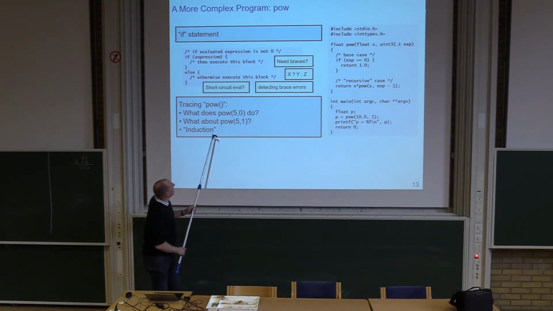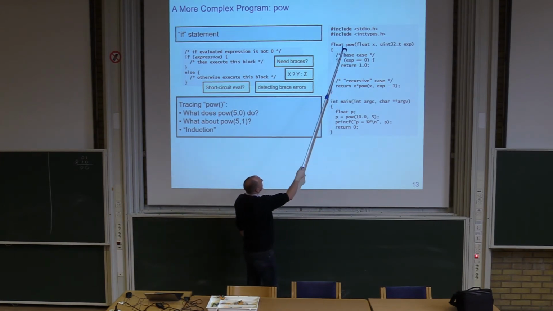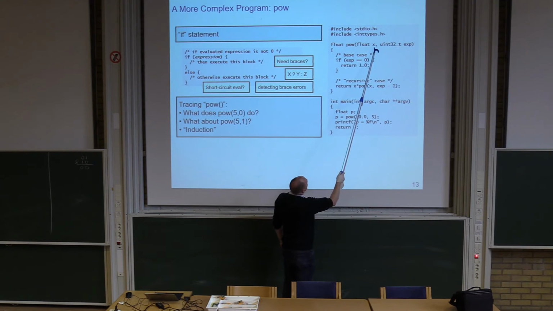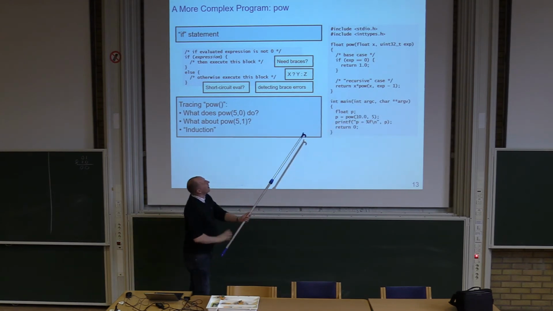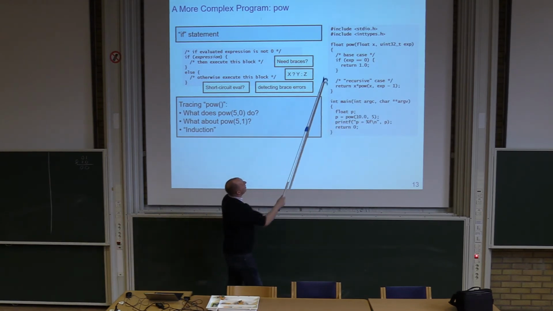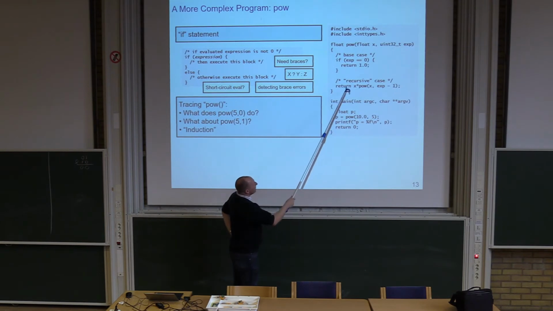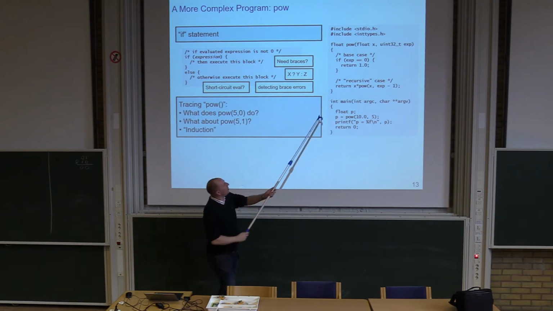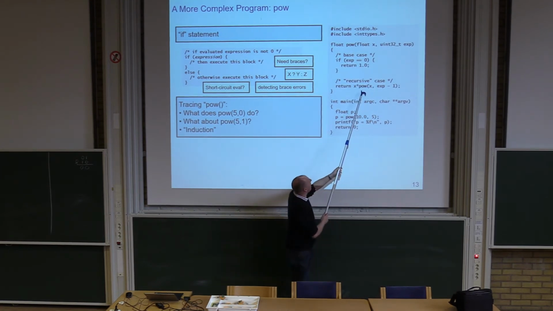If we take an example here, we have a function called power. It returns a float, and it takes an argument x and some unsigned integer called exp. This is the exponent. And then it has an if statement. It says that if the exponent is equal to 0, then it will return 1. Otherwise, if it's different from 0, it will return x multiplied by a call to itself again.